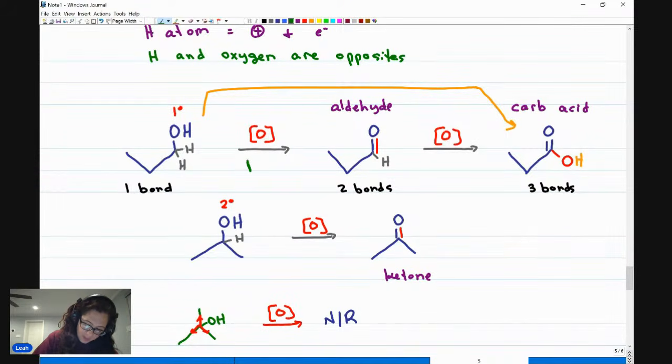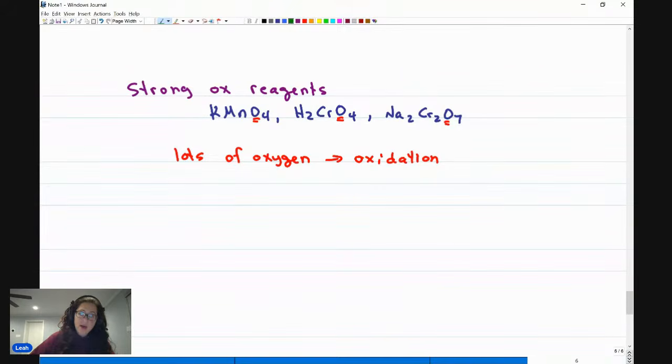For example, PCC. PCC stands for pyridinium chlorochromate. ACS students, you do have to memorize this. And the way that you can remember this, PCC is just one example. There's a couple more, but this is the one that you should memorize. PCC, think of it as a prude.